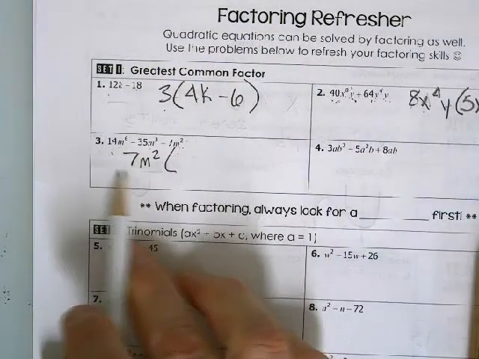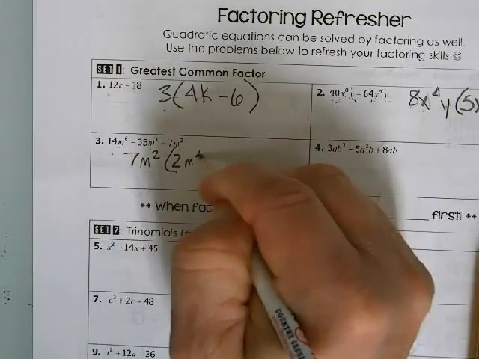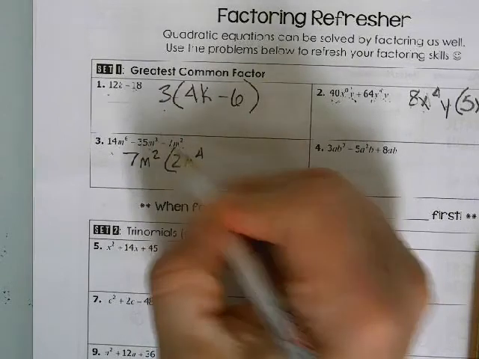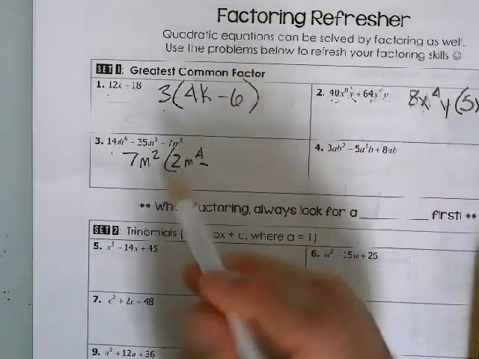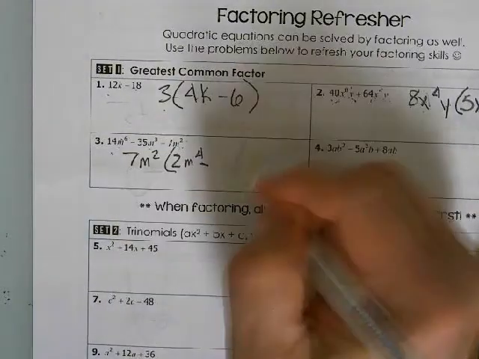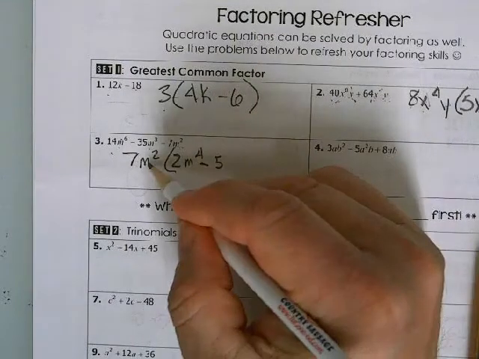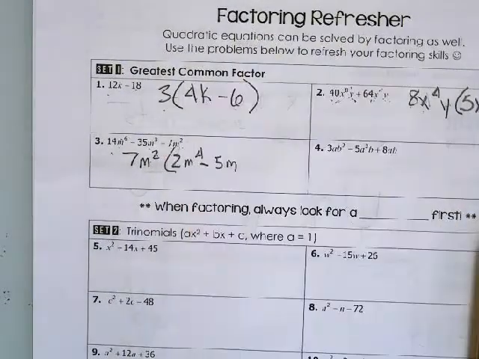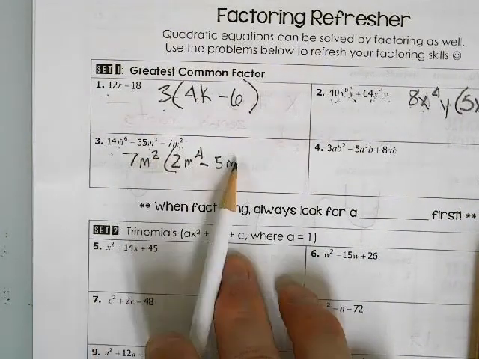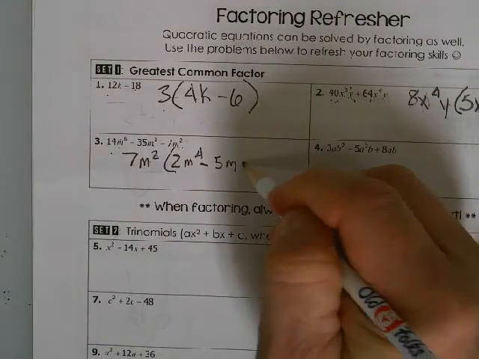I can multiply 7m squared times 2m to the fourth, 2 and 4 equals 6, minus sign, 7 times 5 is 35, m squared times m gives me m to the third, that's 2 plus 1 equals 3. And then finally, minus 1.